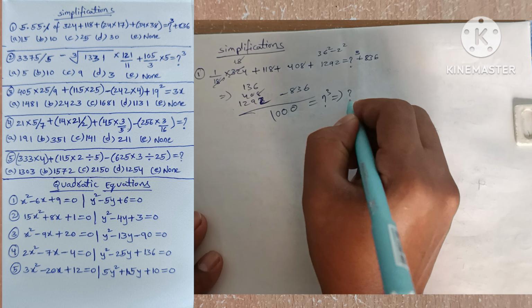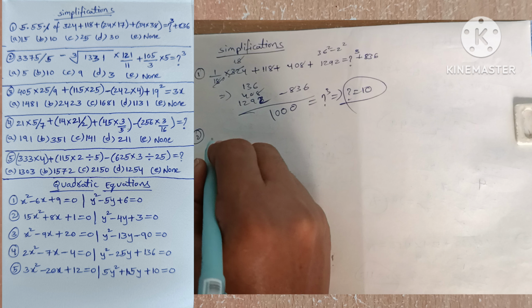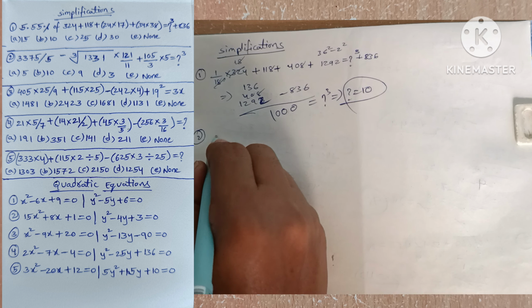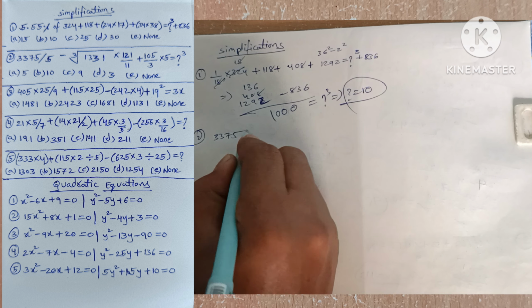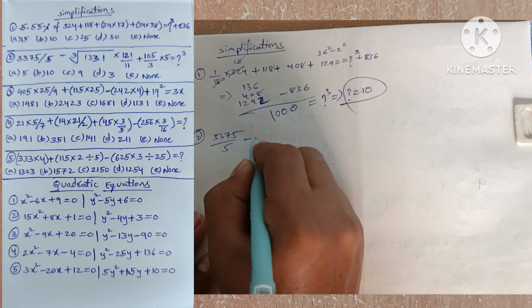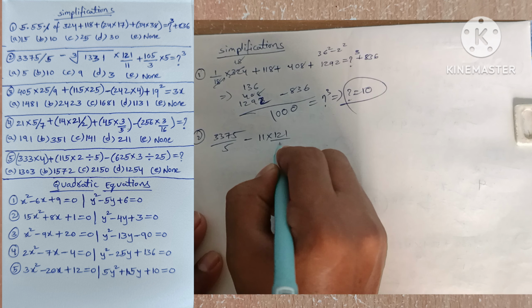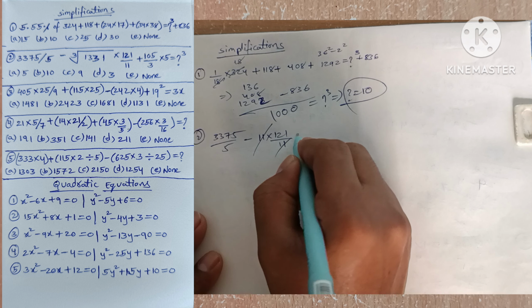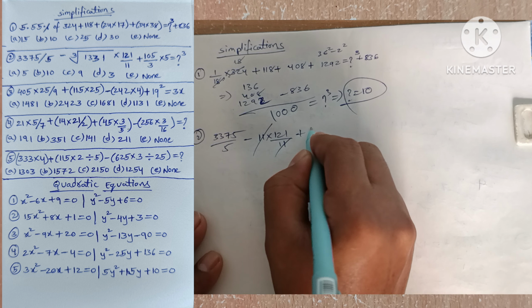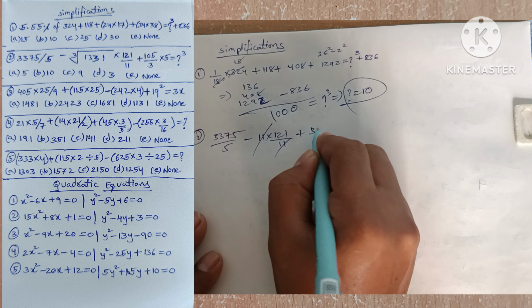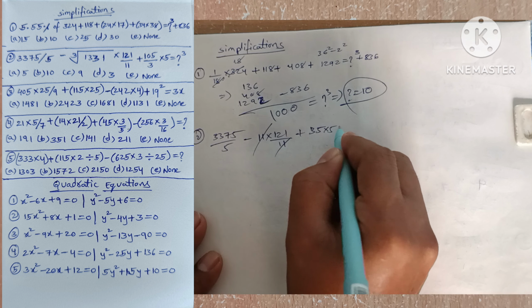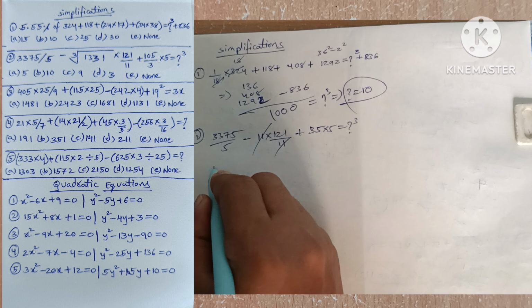Question number 2. Double 375 divided by 5 minus cube root of 1331 means 11 into 121 by 11 plus 105 into 5 divided by 3, 335 into 5 equals to question mark cube.